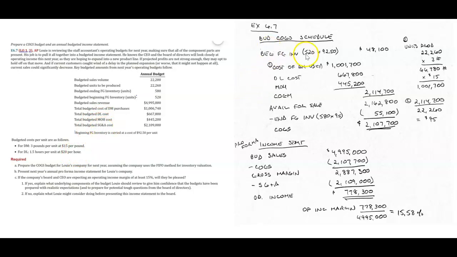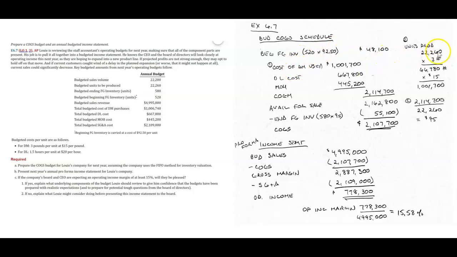We've got a beginning finished goods inventory of 520 units, valued at $92.50 per unit. Times $92.50 is $48,100. Next, the cost of direct material used.